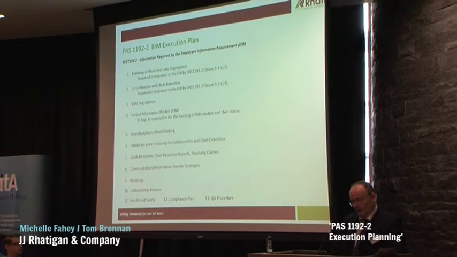The project information manager then is responsible for the tracking of BIM models and their status. Model linking, validation prior to issuing for collaboration, clash detection, clash detection reports and resolving clashes, communications, information transfer strategies, meetings, the collaboration process, health and safety, compliance plan and QA procedures.